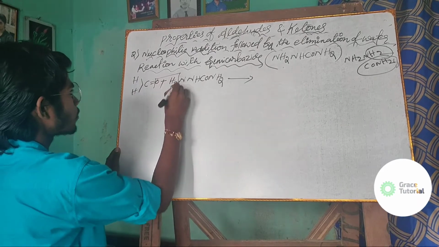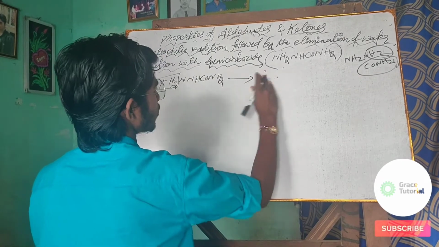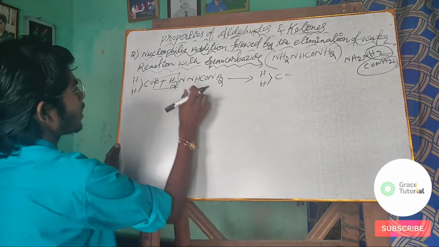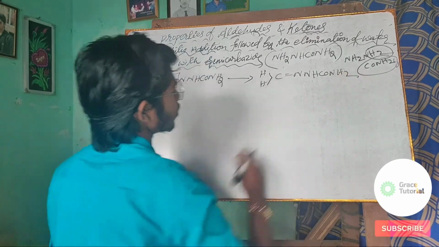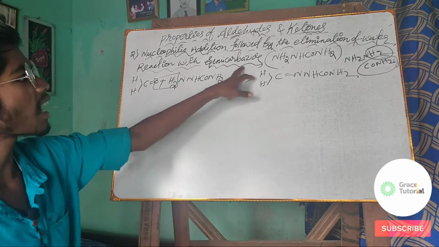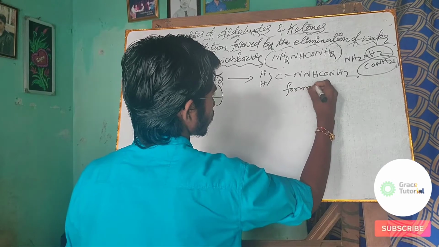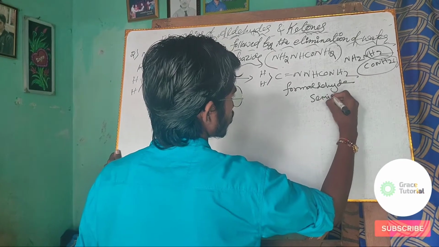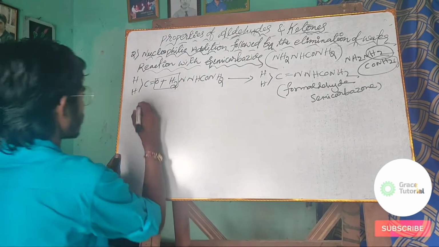Water is removed from here, and the reaction gives H2C double bond NNHCONH2, and since we have taken formaldehyde, the name of this product is formaldehyde semicarbazone.